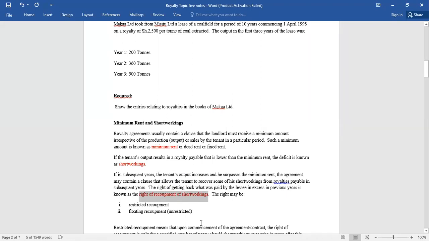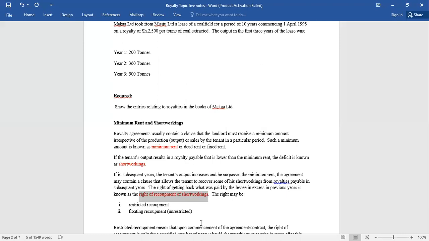And it is categorized into two. You may have the restricted recoupment or the floating recoupment. When we are talking of the restricted, this means that upon commencement of the agreement, the right of recoupment is only for a specified number of years. So should shortcomings ever arise in the years after this, they will never be recouped.